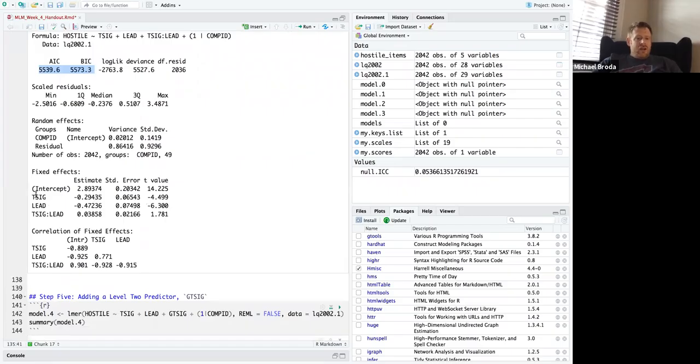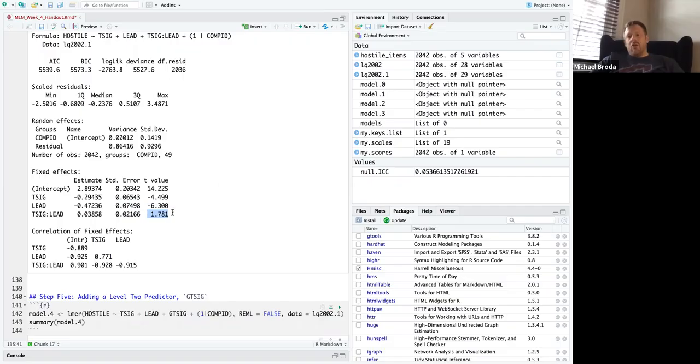So we go down here to our fixed effects, and the one we really interpret, again, when you do moderation, the only variable you're interested in is the moderator. That's the thing you want to interpret. The other main effects are really not as interpretable in a moderator model. Here's that coefficient. It's positive, and man, it's close, 1.78.